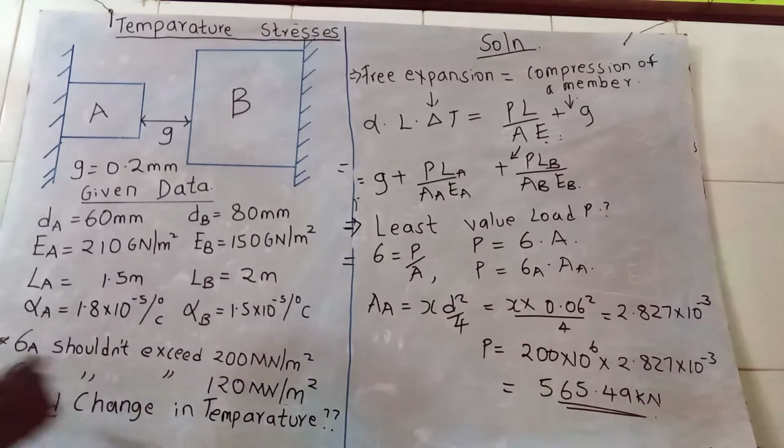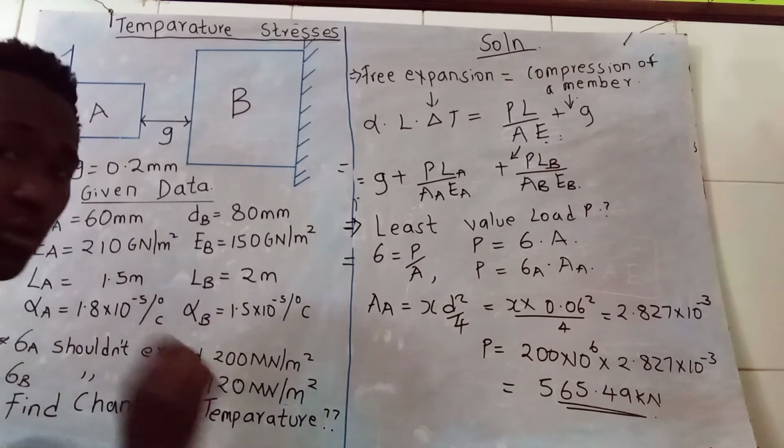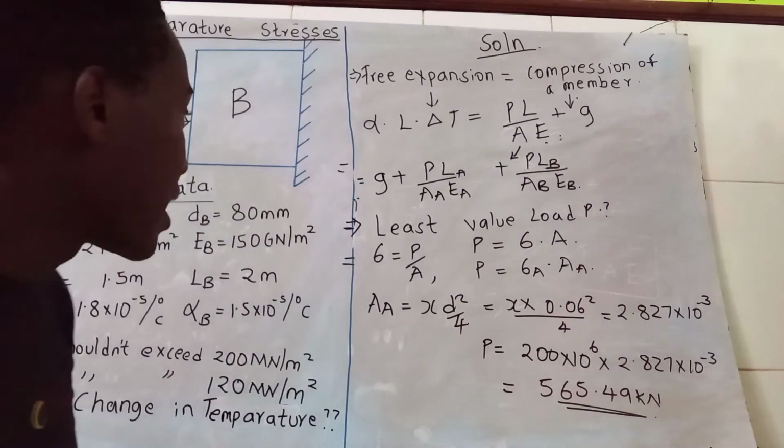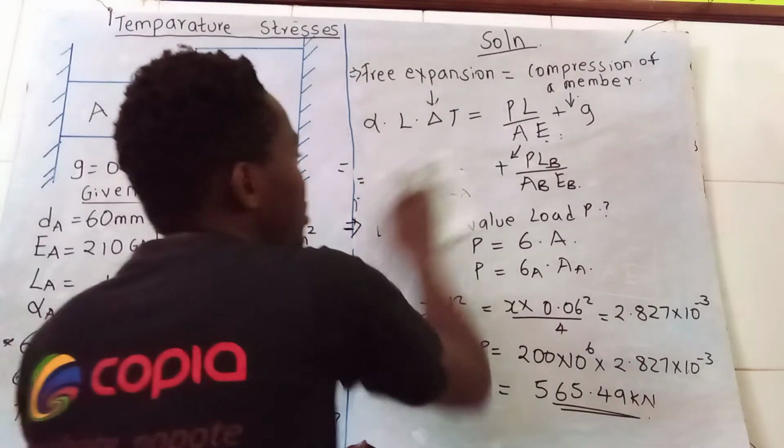So that is the load when we take the value of stress to be 200 meganewtons. What if we take the value of stress not to exceed 120 meganewtons? Back to these points.